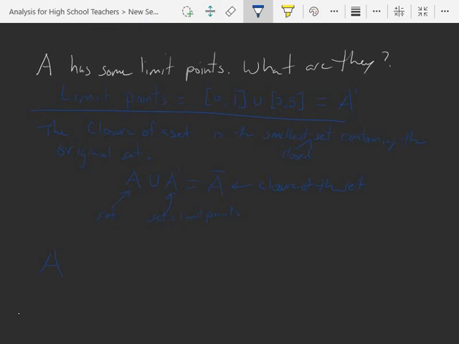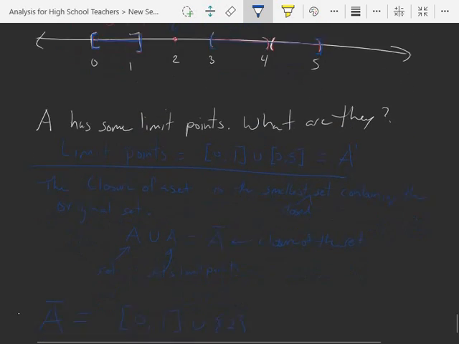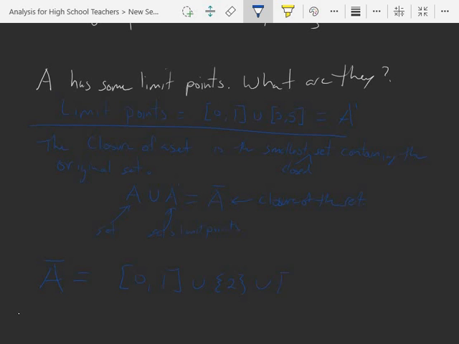So a closure in this case is going to be the set and its limit points. I get 0, 1, union that point at 2. It's not a limit point, but it's originally in A. And then I get 3 to 5. Okay, so A closure gives me that stuff. Great.